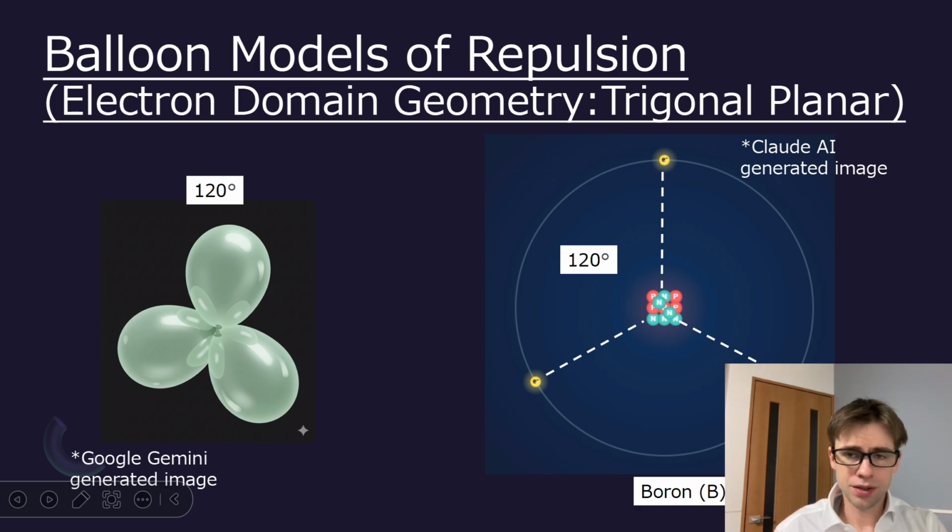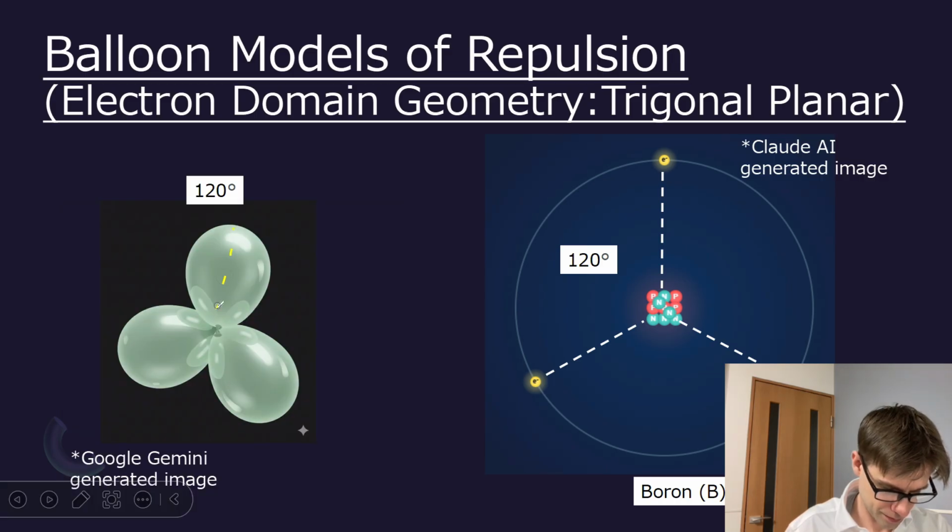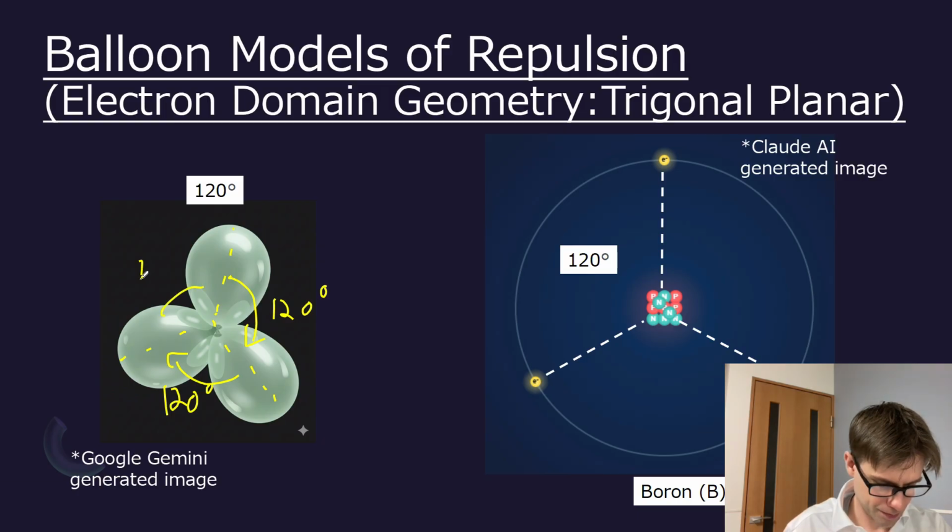This has 120 degrees, or 1/3 of a circle, 1/3 of 360, in between the center of each balloon, which represents our bonding. So we had these three axes, right? We got 120 between each of these.